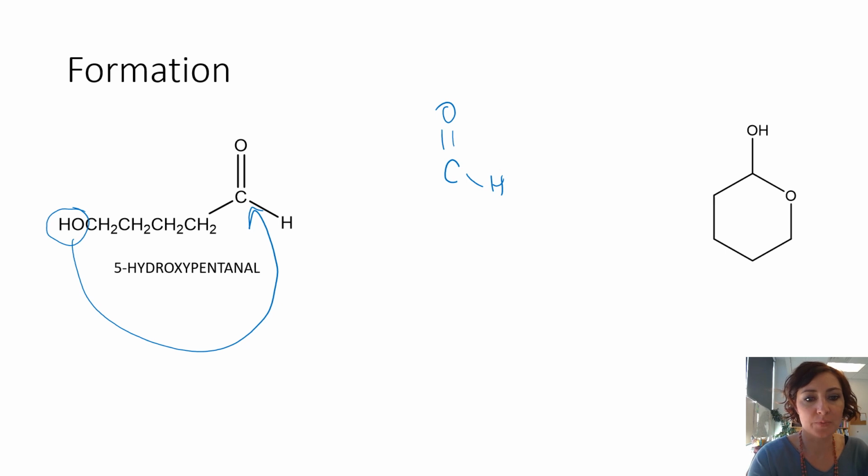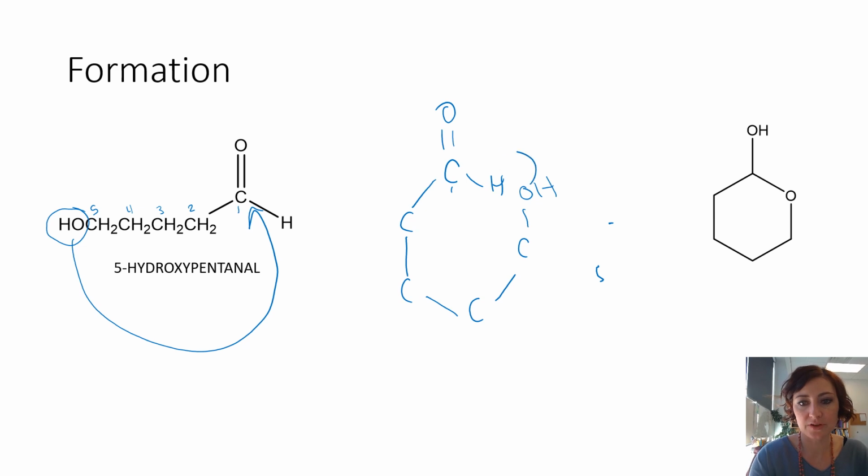Okay, so here's carbon 1, 2, 3, 4, 5. All right, so this is carbon 1, 2, 3, 4, 5. Okay, and on here we have our OH group. So the OH is going to attack. And what that's going to do is form this cyclic structure.